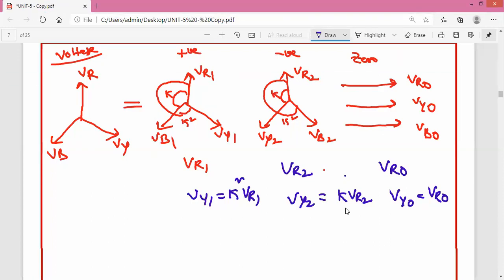Here VB1 is replaced with a times VR1. This is a very, very important representation.